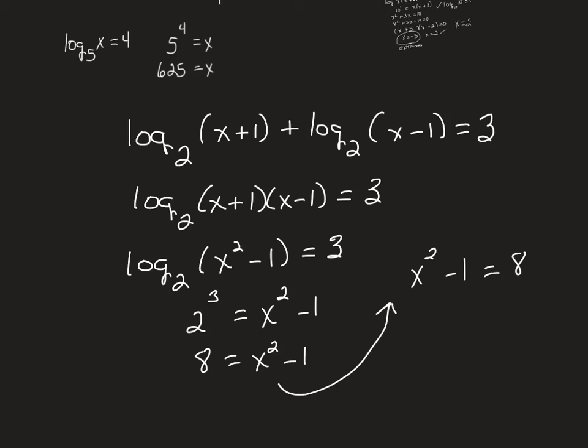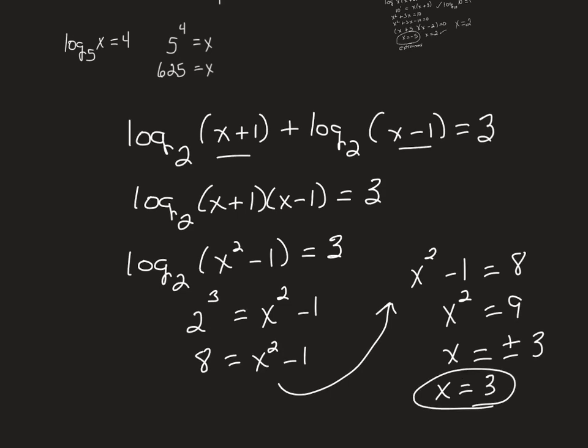If we add 1 to both sides, we get x squared equals 9. And generally, we would say that x equals plus or minus 3. But if I plug in a negative 3 in either one of these, we get a negative number. So our solution is simply x equals positive 3. It cannot be equal to a negative 3.